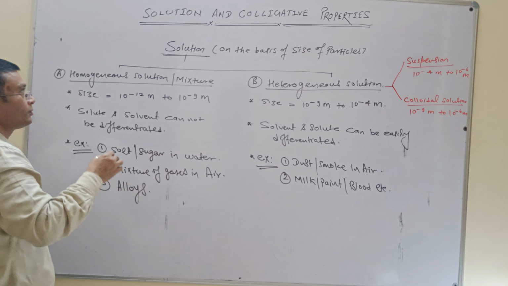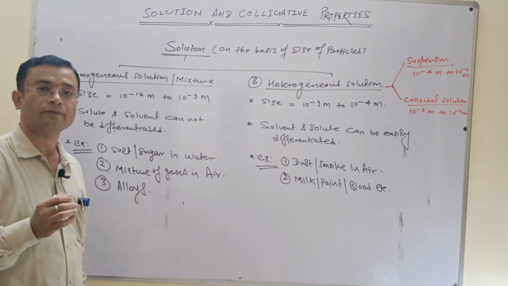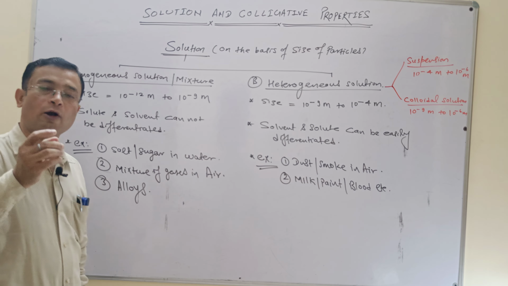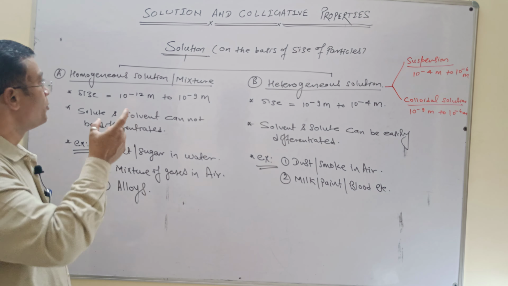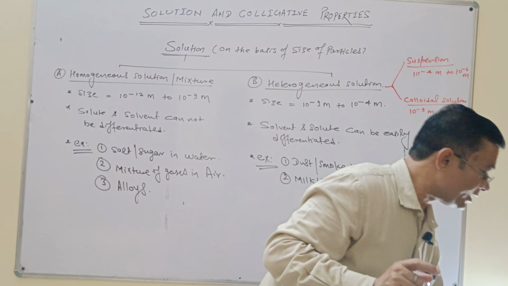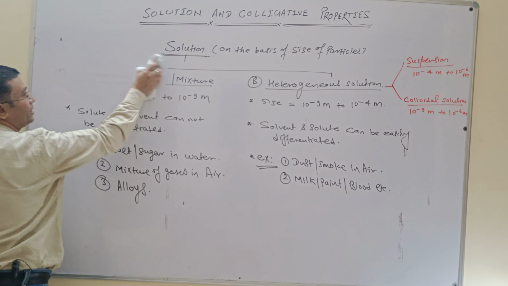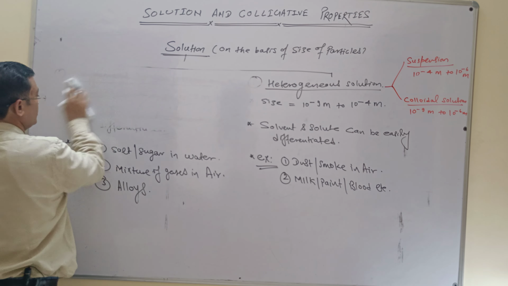Now dear students, if we are talking about the solution, in this chapter I am going to talk about the homogeneous solution. Homogeneous mixture is also called the true solution. In this chapter we will study the homogeneous solution, that is the true solution.